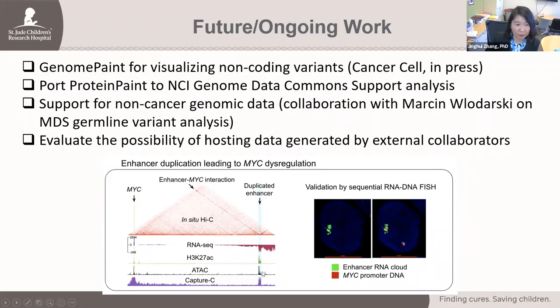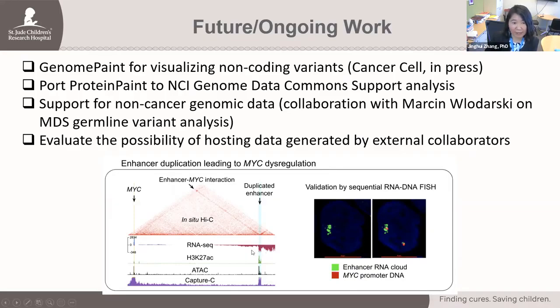The example here shows a duplication event of an enhancer region that we found in bilineage ALL that interacted with the c-MYC promoter. This study has been accepted in Cancer Cell, and the visualization tool is already accessible to anyone interested, which you can find on St. Jude Cloud.